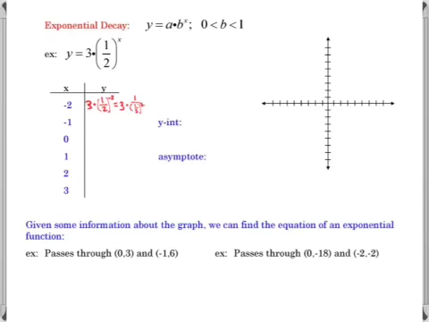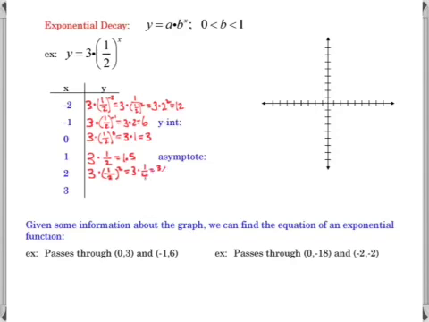Alright, if I was to graph another one, I plug through my points. I get 12, 6, 3, 1.5, 3/4 and 3/8. I'm just plugging through points. Now this is exponential decay. We can see as x is getting bigger, we're getting smaller numbers because my b value is less than 1.